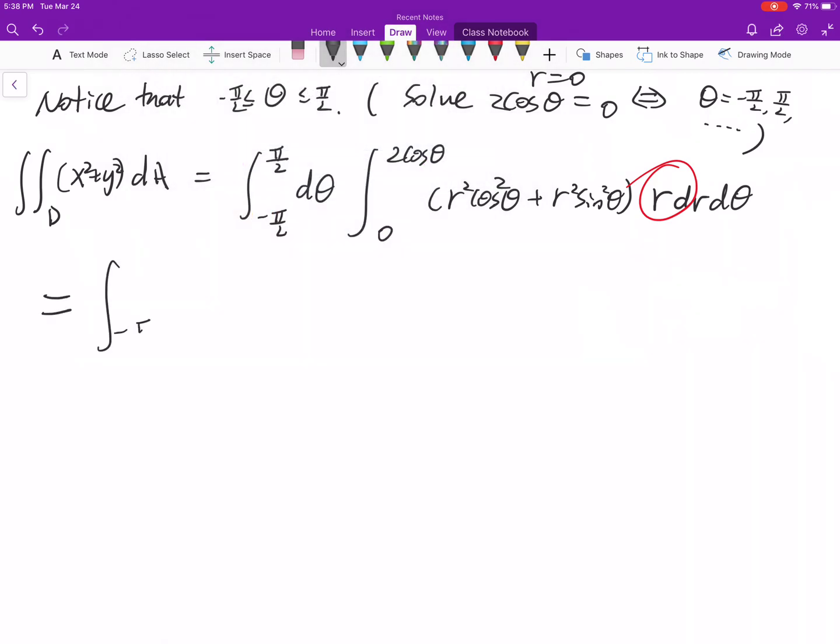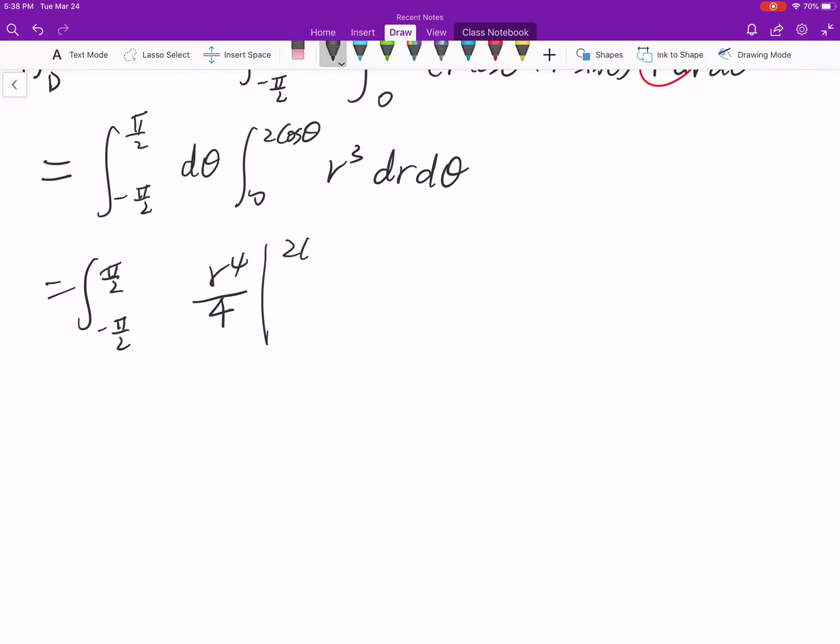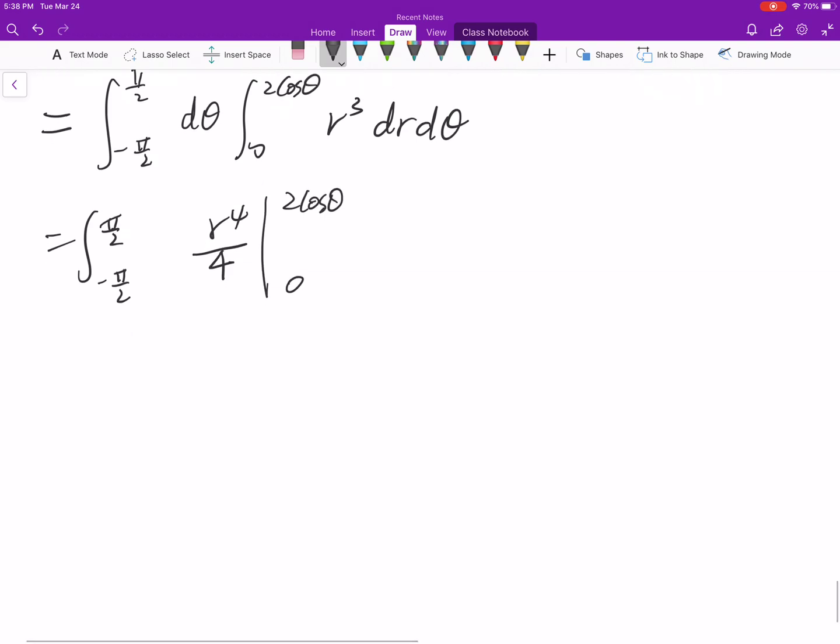Okay, now we simplify the integrand. This is r cubed dr d theta. And then we integrate using the power rule. We get this one.